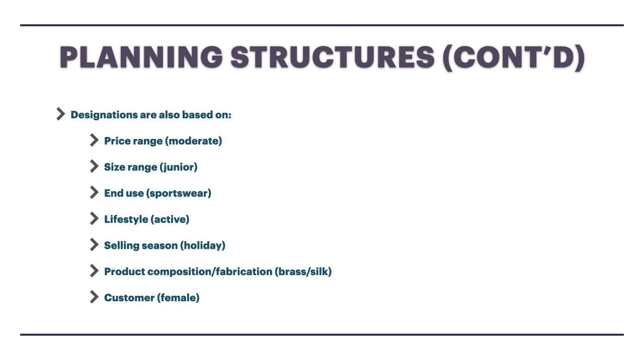Multiple designations can be combined to create a sole business unit identity, such as men's better sportswear. Business unit identities within a retail organization often parallel those of the wholesale market.